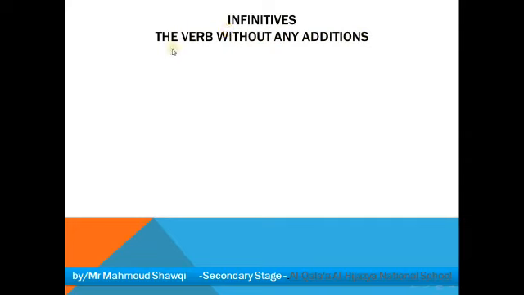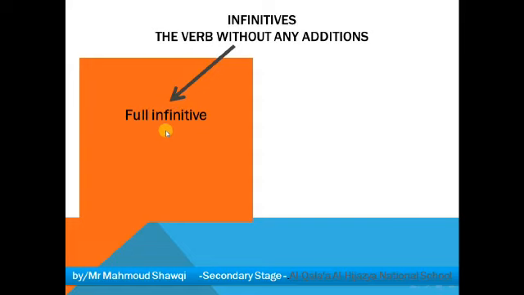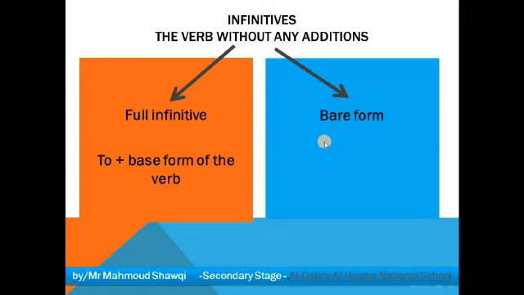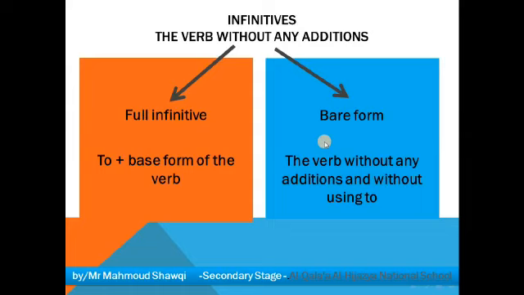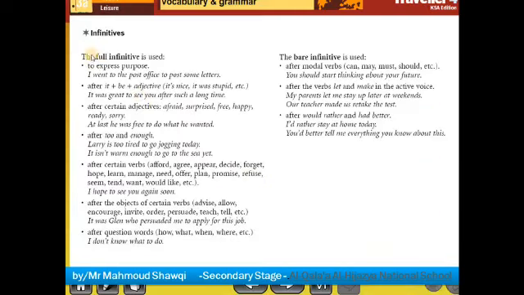And it's divided into full infinitive, and here we use to plus the base form of the verb, and the bare form uses the verb without any additions and without using to. Here in the full infinitive we use to plus the verb, and here we use the verb only without using to.